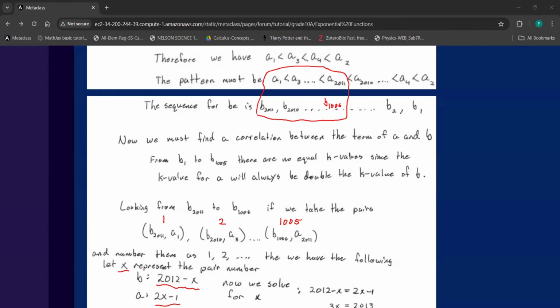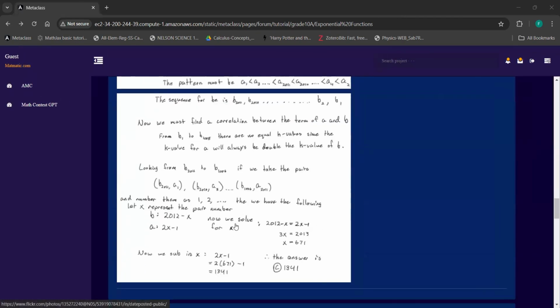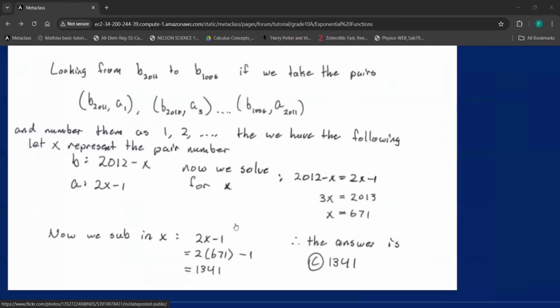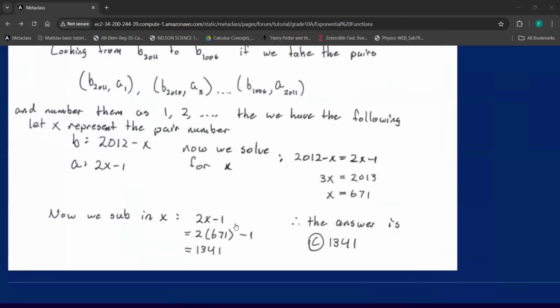That's basically the pattern of the term numbers. And now that we have the pattern, we can now solve for x.